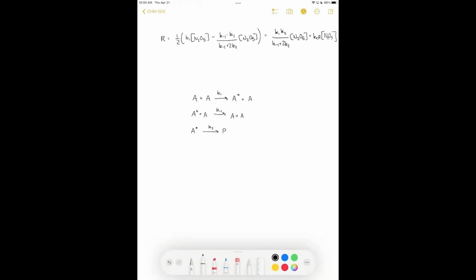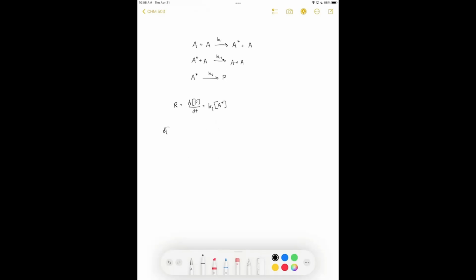The rate of this reaction is therefore the change in the concentration of product with respect to time, which is simply the rate constant k2 times the concentration of the activated reactant A star. In this reaction, our A star is an intermediate, so we will apply the steady state approximation. The steady state approximation says that the change in the concentration of our intermediate with respect to time is equal to 0. And how do we form this A star? Well, we form it by k1 times A squared, a bimolecular reaction.